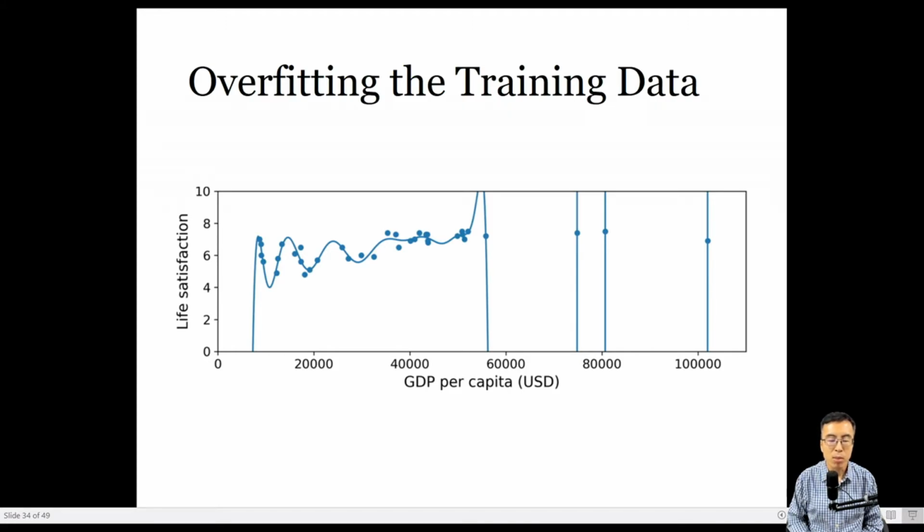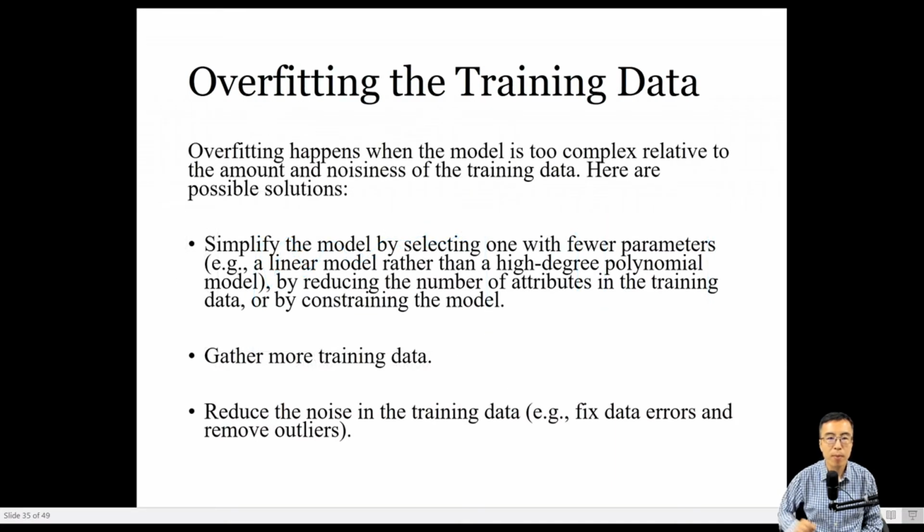It may not be trustworthy to believe that when the GDP per capita changes a little bit, the country-level life satisfaction is going to move from positive to suddenly zero or even negative. So the overfitting happens when the model is too complex relative to the amount and noisiness of the training data.